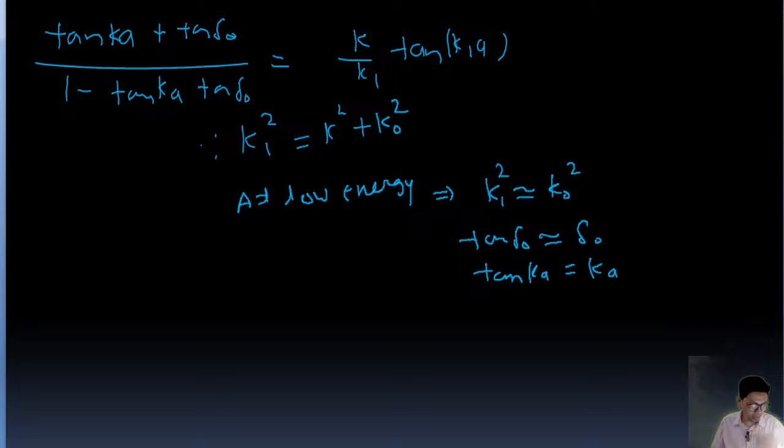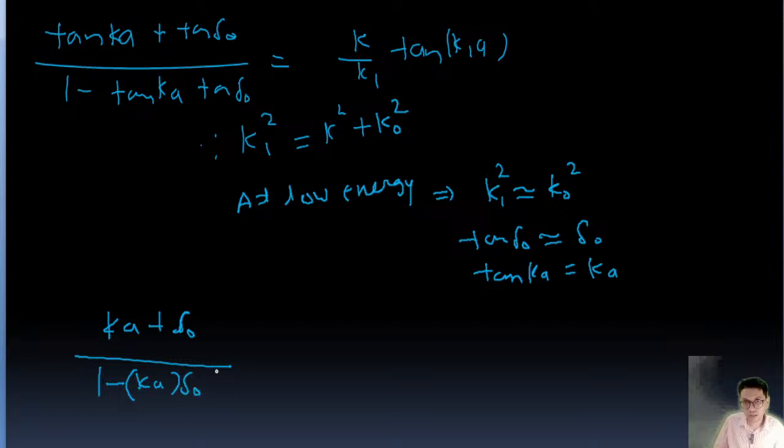Now we'll put these values here. So this is going to be ka plus delta naught, upon 1 minus ka delta naught, and this is k upon k naught, tan k naught a.